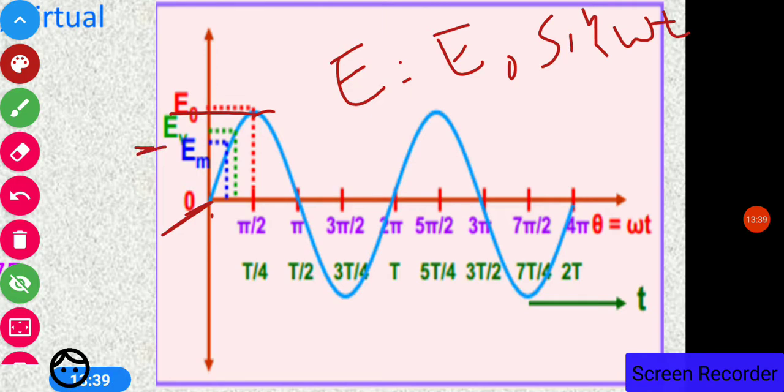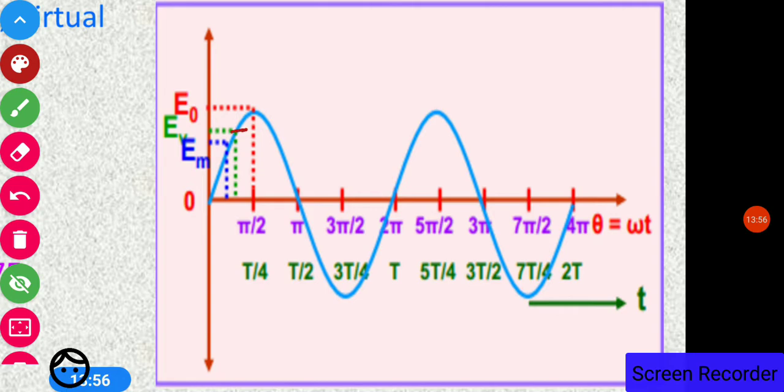Now E mean value is 63.7%, so it is denoted by this, and E virtual value is 70.7%. It is represented by the green curve. So this is the effective value, this is the average value, and this is the maximum value.